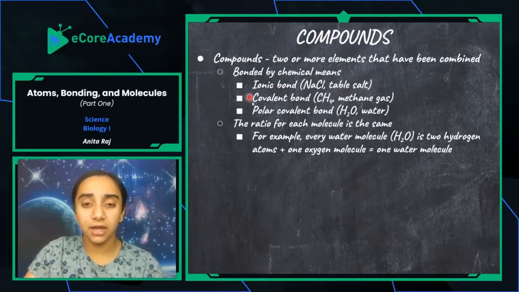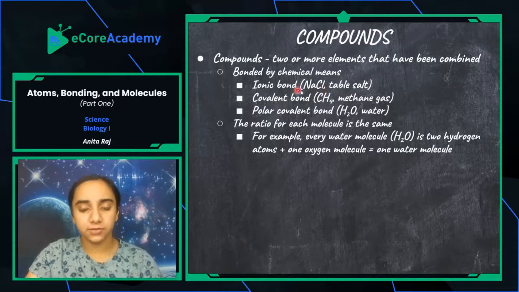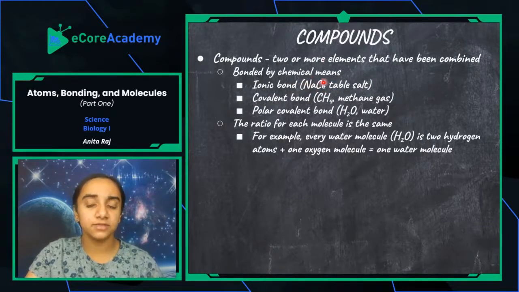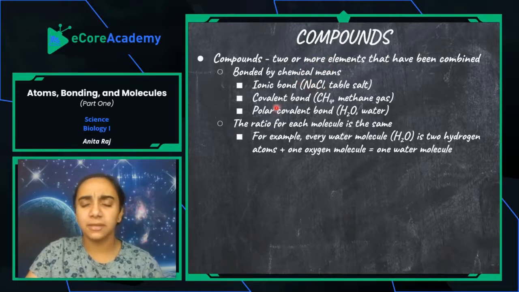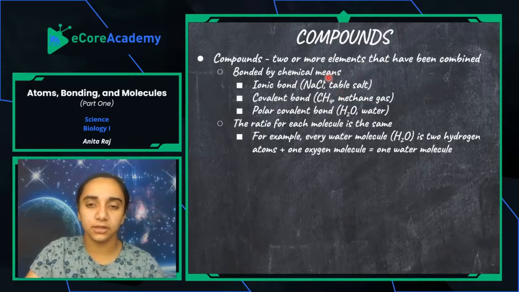An ionic bond occurs when the sodium atom gives up one of its electrons to the chlorine atom. The sodium atom wants to get rid of that electron and chlorine wants to accept it. That's the simplest way I can put it. They bond because of that electron that has been given up.